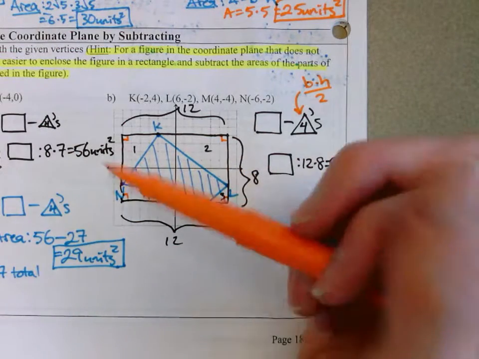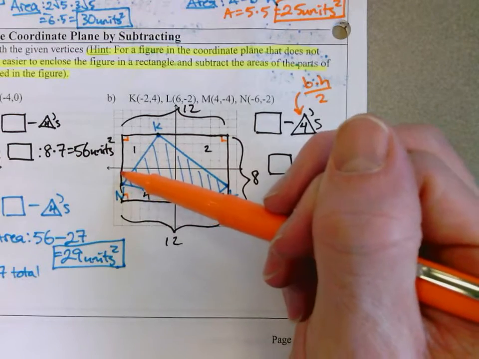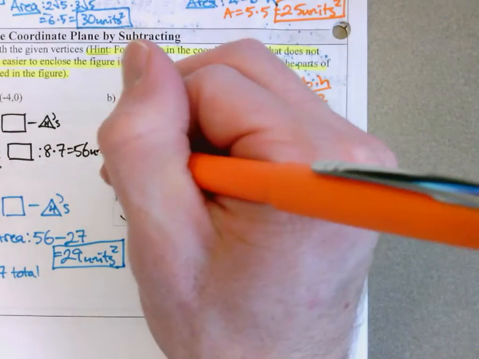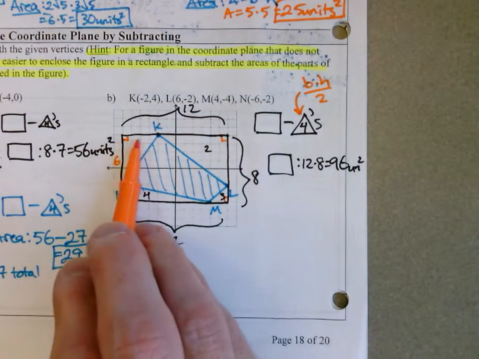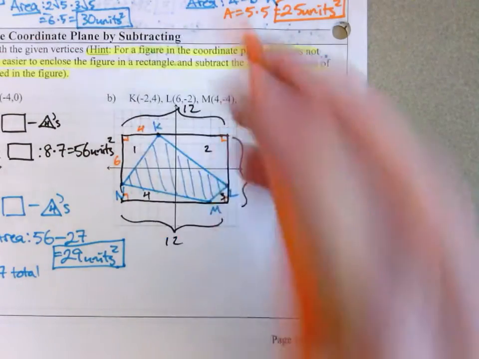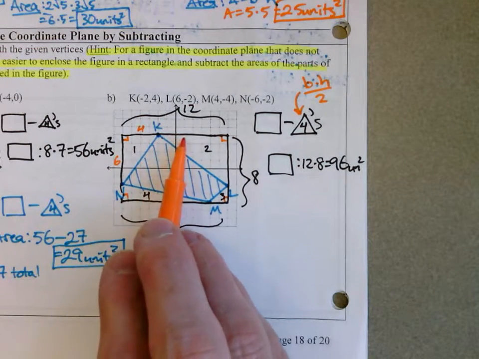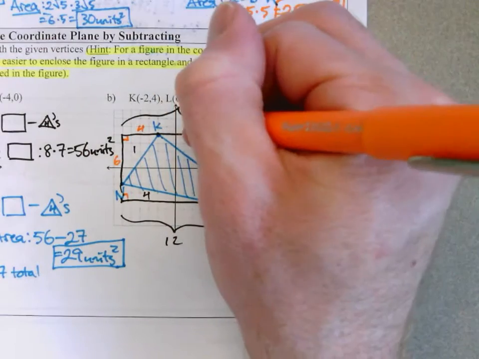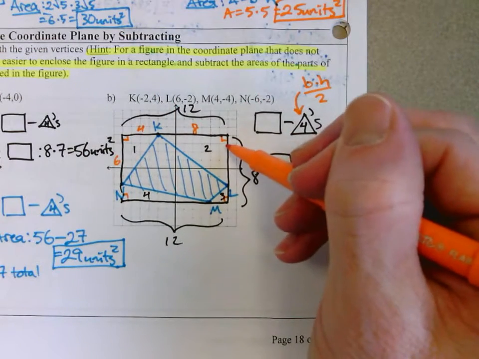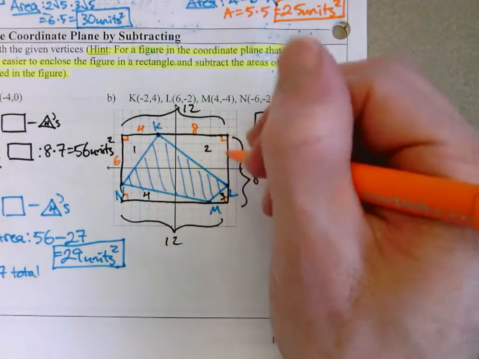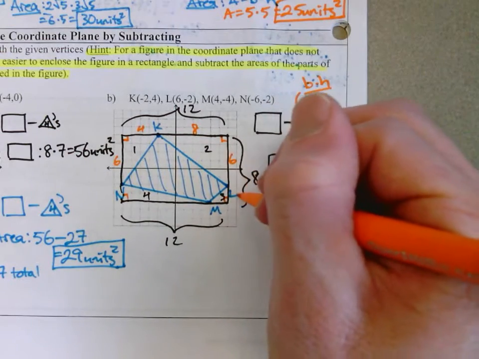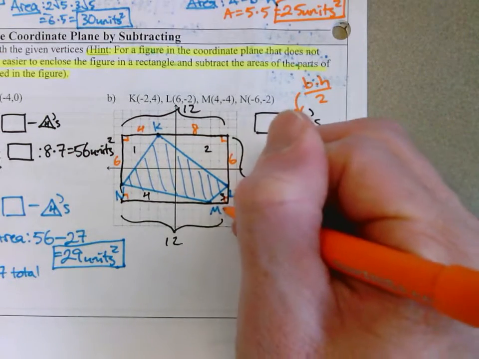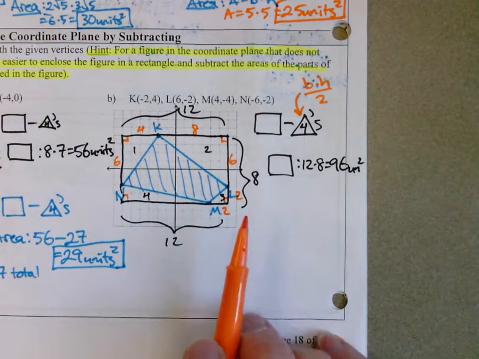Starting with triangle 1. 1, 2, 3, 4, 5, 6. 1, 2, 3, 4. 1, 2, 3, 4, 5, 6, 7, 8. These are pretty small units to keep track of.